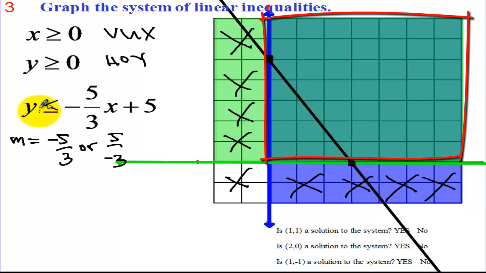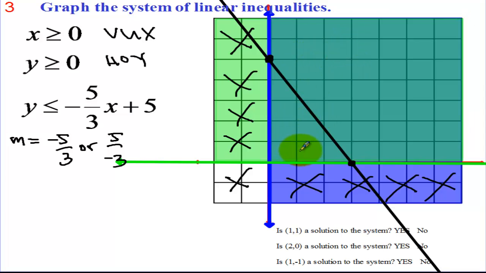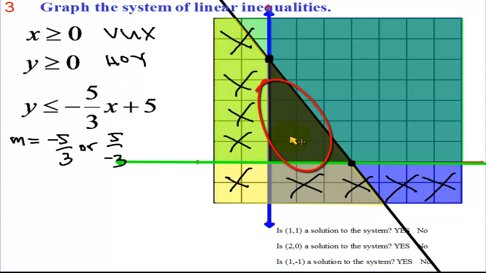So we have to decide if we are going to shade above the black line or below the black line. Now using the shortcut, since I have y less than, I have to shade this area. Any point on this area will be a solution of this system, including points that are on the boundaries. Okay, since we all have here solid lines.